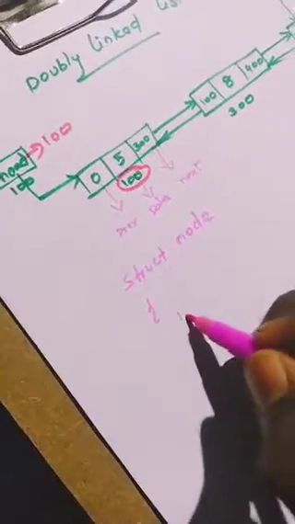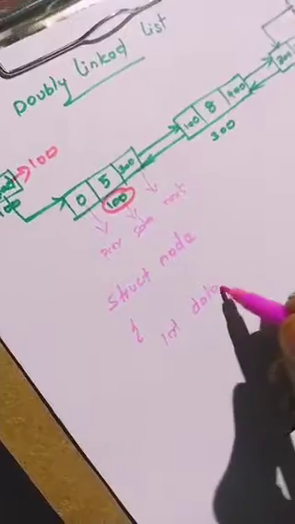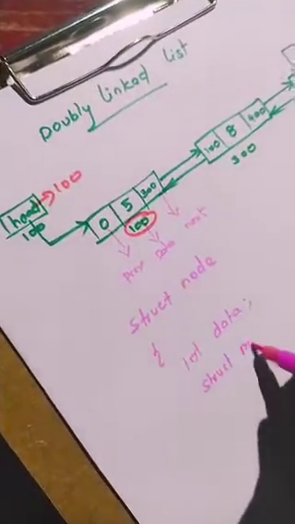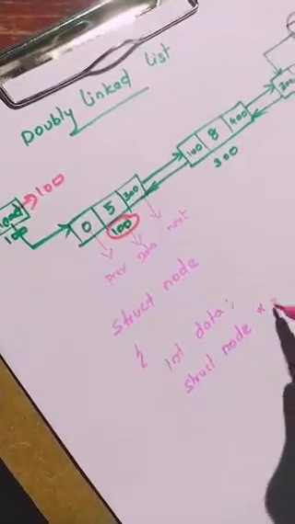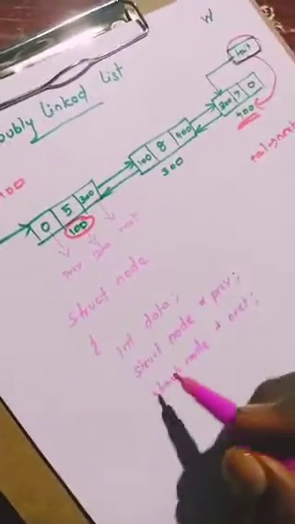So data, I'm going to take the data as integer. Next, so we all know how to create pointer for previous. I'm declaring struct node asterisk previous, struct node next. So these are the three fields available in doubly linked list.